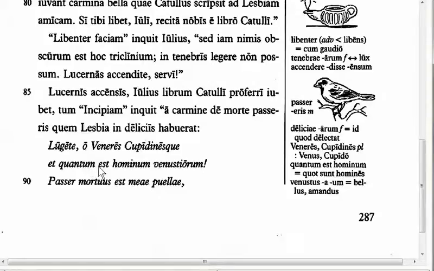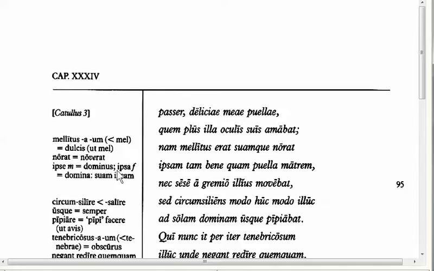In line 93, we have another contracted word. Poetry is fond of contracting words for the rules of meter, again, to give more variety. This is talking about the passer, the sparrow. For it was sweet, and it knew its mistress, its very own mistress, as well as a girl knows her mother.